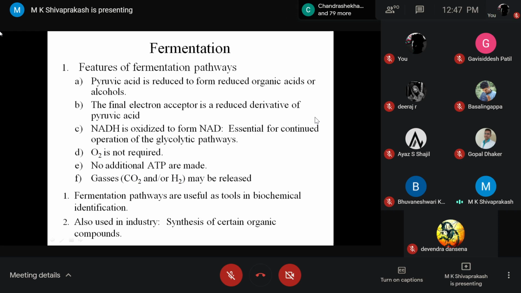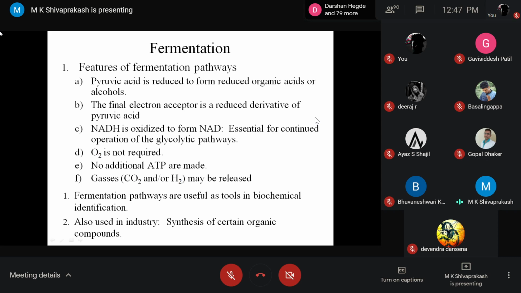And from the stage of pyruvic acid, the end product, from there on, depending on their metabolic makeup, one organism may be an alcohol producer, another organism may be a lactic acid producer, another organism may produce butyric acid, and so on. Depending on that, from pyruvic acid they follow different pathways. What happens?